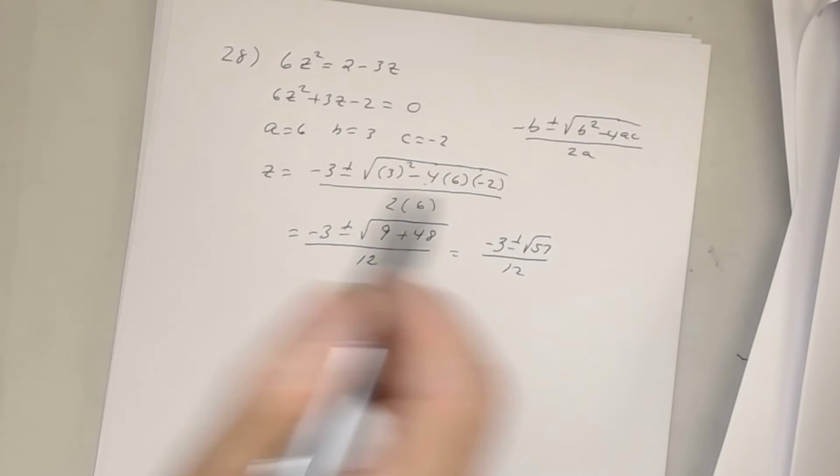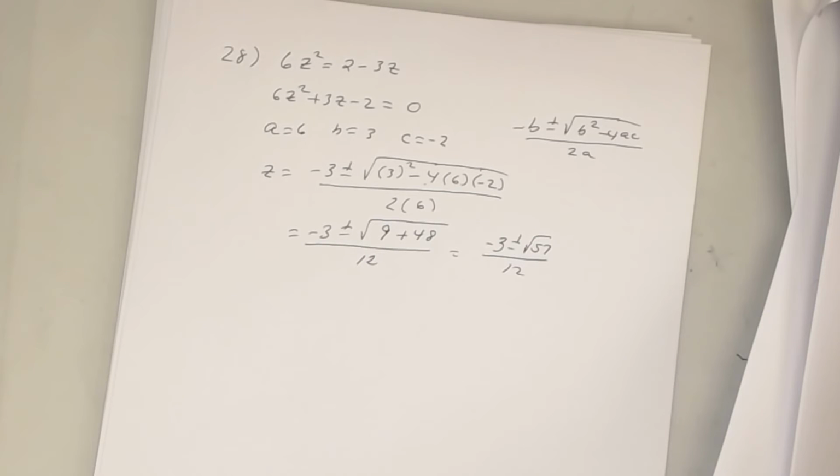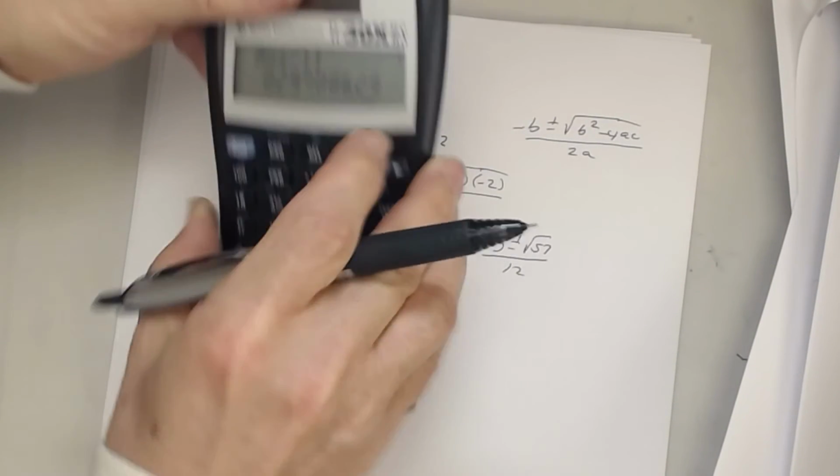All right, now let's look at 57. Can I simplify the square root of 57? Is there a perfect square other than one that goes into 57? No. Right. And 57 is not prime, right? 3 goes into 57, so let's just look at 3.